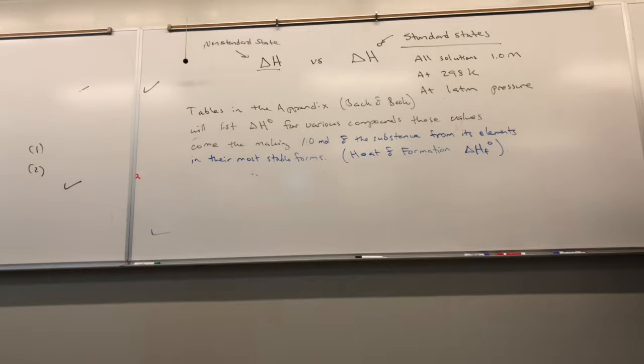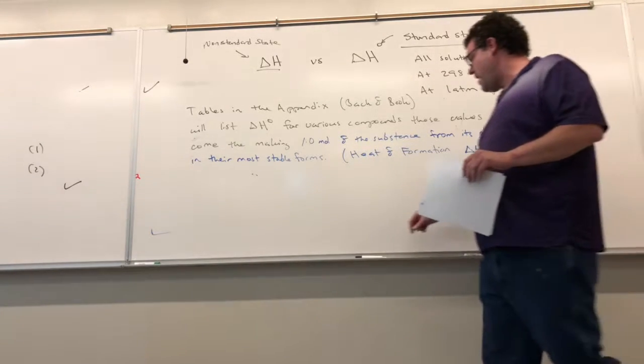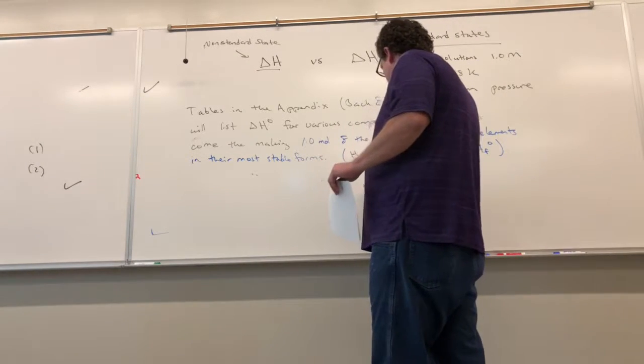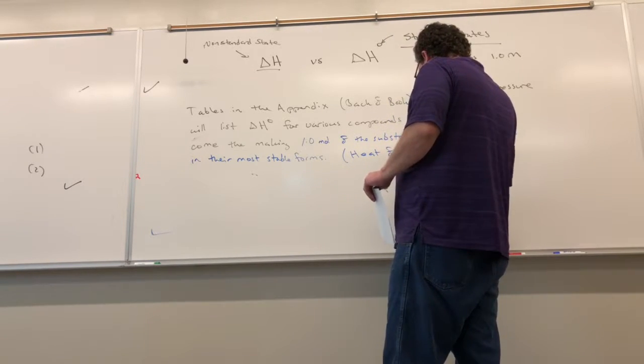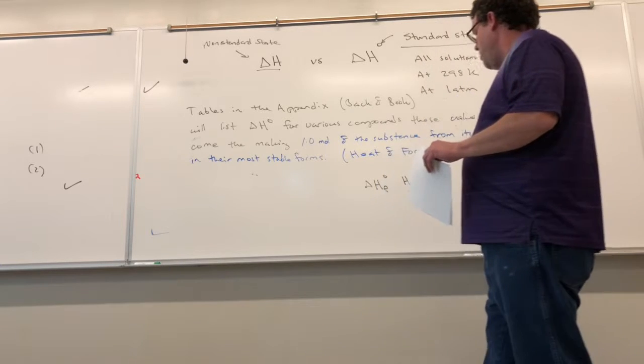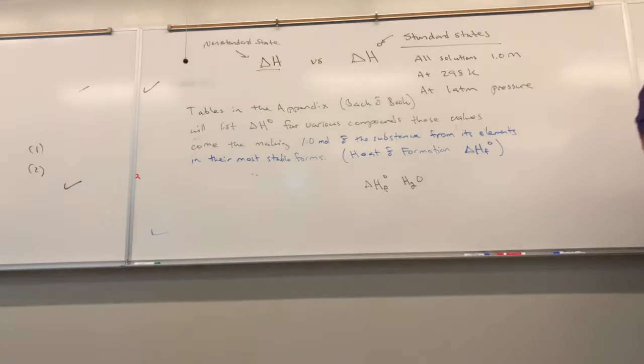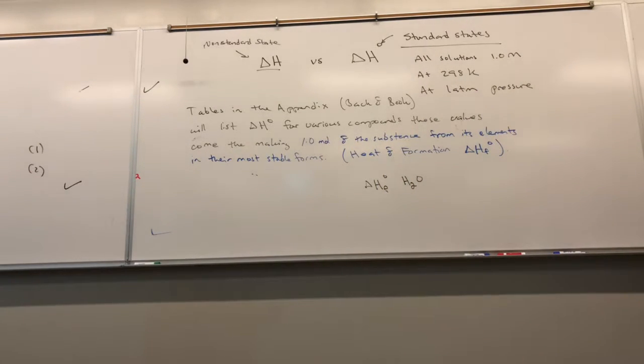Okay? So if you went to the back of the book right now and you looked up the heat of formation for water, okay, what would you find for that value? Well, first of all, is that enough information to go look that up? Could I say, oh, I want to find the heat of formation of water, I'm going to go look it up in the back of the book?